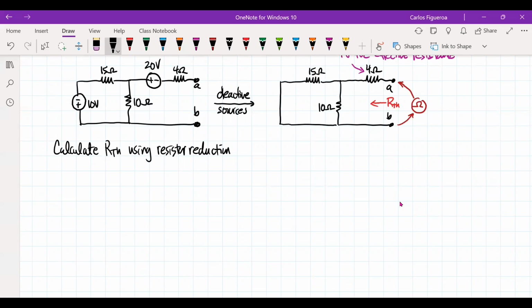So then that means here that RTH has to be 4 plus 10 parallel to 15. So we could see here is that if you multiply them and divide, you're going to get 6 ohms. So therefore, this guy's going to be 10 ohms for RTH.